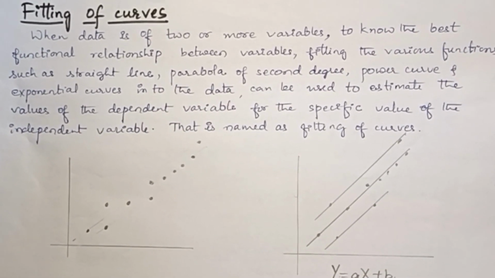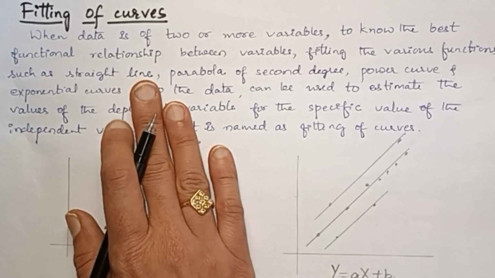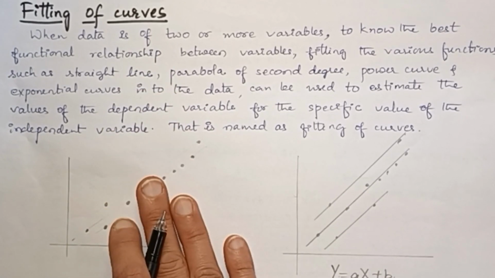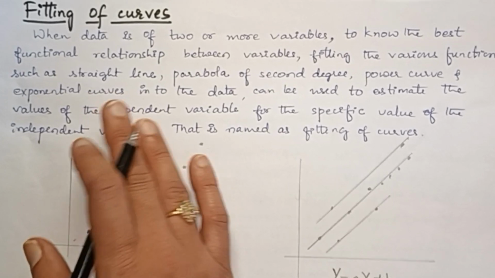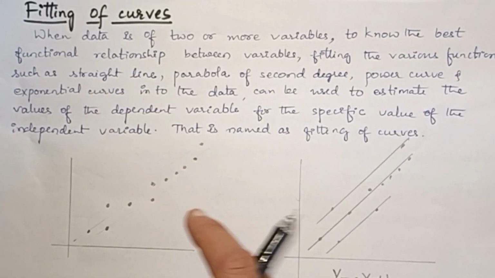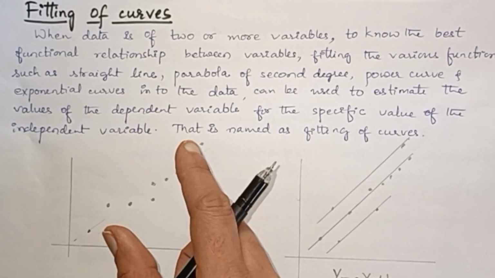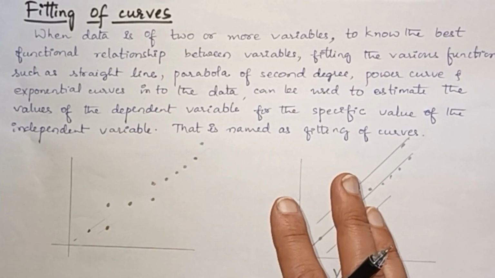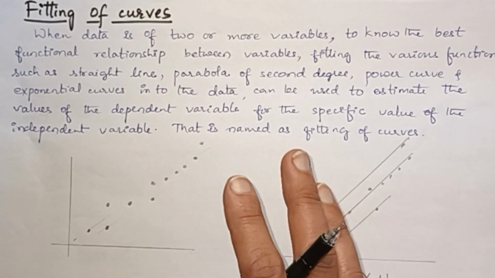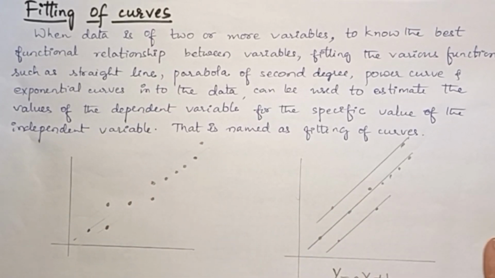So that is called fitting of curves. Curves used here can be either straight lines or parabola or power curve or exponential curve based on our requirement. So fitting of curves is nothing but to the given data we have to fit a curve. That is nothing but it represents the functional relationship between the data points.